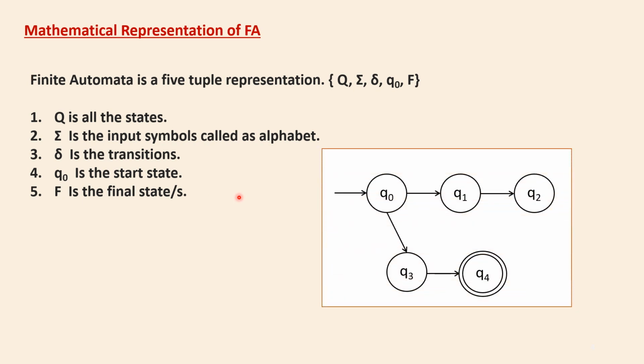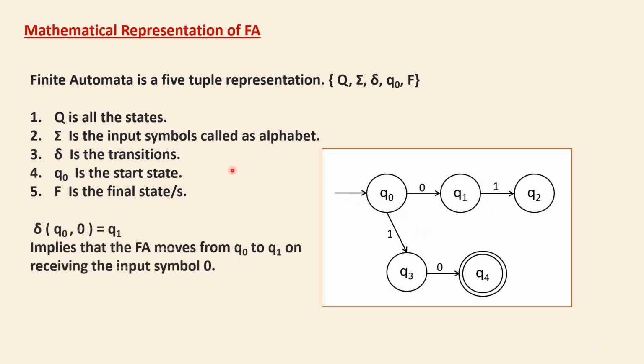For example, here we have Q0, Q1, Q2, Q3 and Q4 to be all the states. The input we have here is 0 and 1. So these are the input symbols which we call the alphabet. In the transitions, we can see that Q0 on input 0 moves to the state Q1.